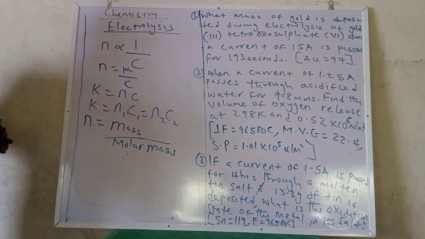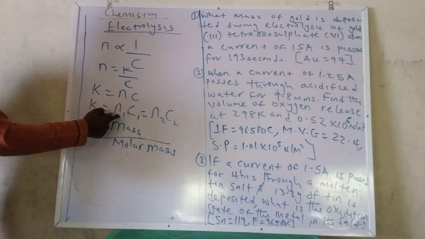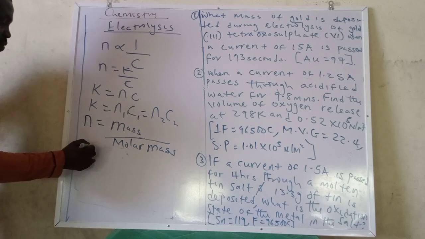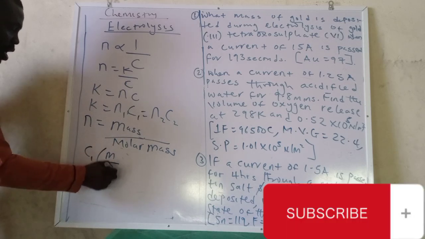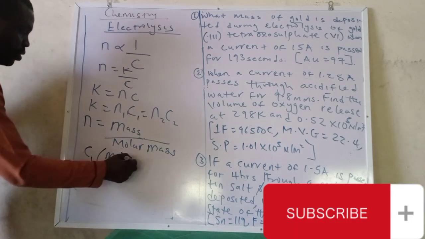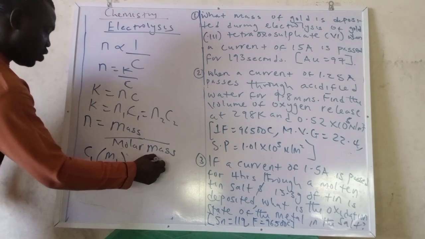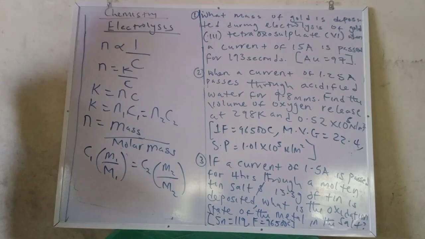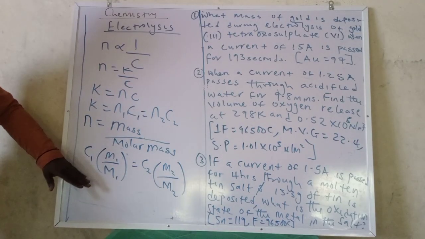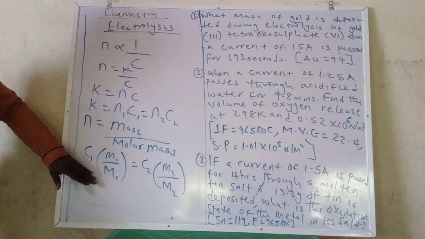That's clear enough. Now we can bring in what we have here, so that C1 m1 over M1 equals C2 m2 over M2. Now I can decide to make any one the subject of the formula. Are you following? Yes, sir.